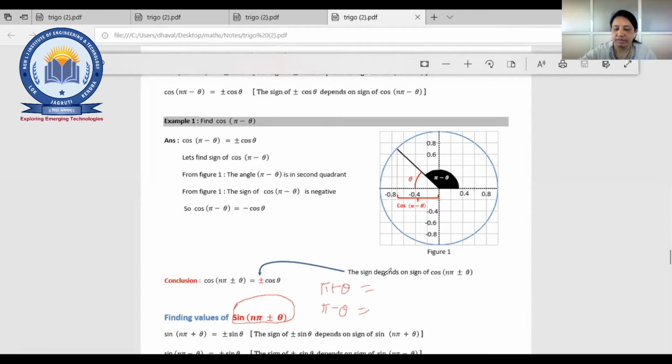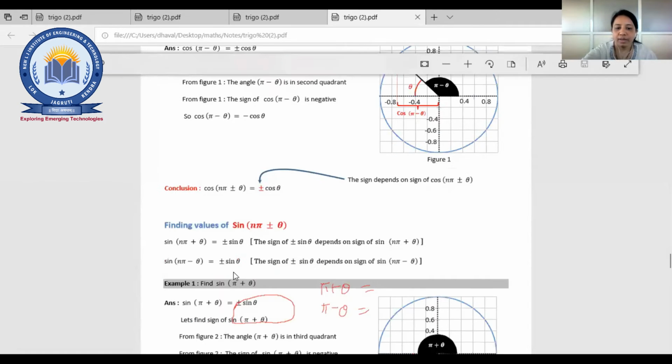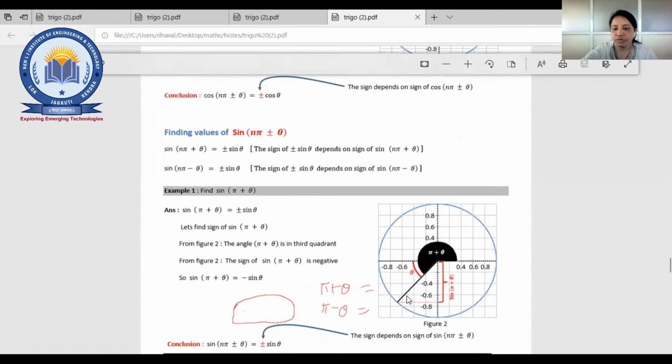So I'll write it down here. Whenever it's pi plus theta, which category will it fall into? Pi plus theta will be in the third quadrant. The sign of sine in the third quadrant is minus.